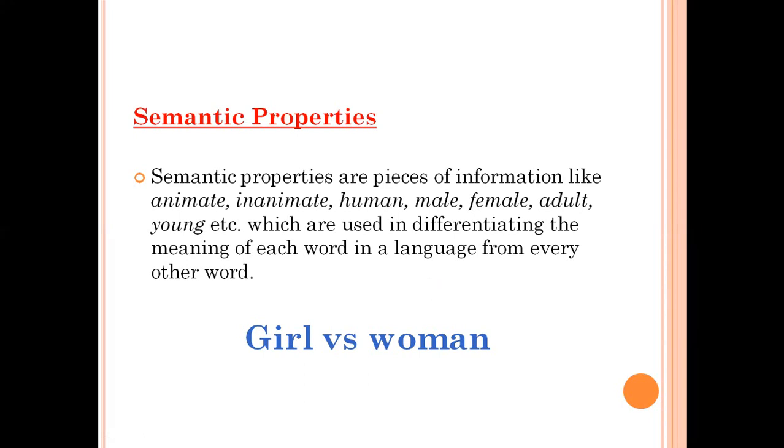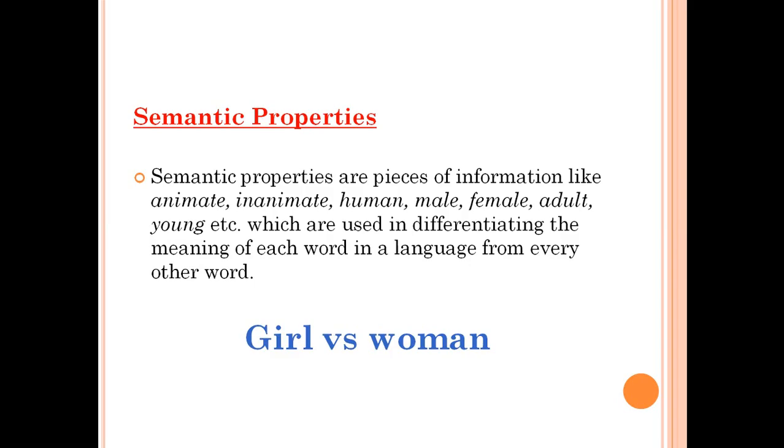Here we can differentiate the meaning of one from the other by using semantic properties. এখানে semantic properties গুলো ব্যবহার করে আমরা এই দুইটার মধ্যে যে অর্থগত পার্থক্য আছে সেটা দেখাতে পারি। কিভাবে?